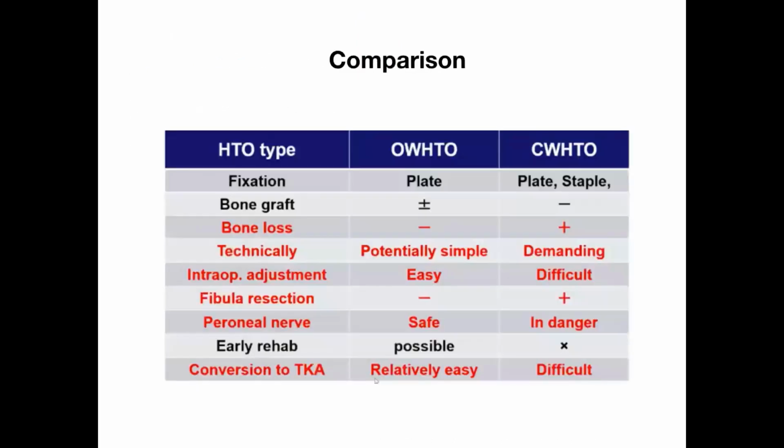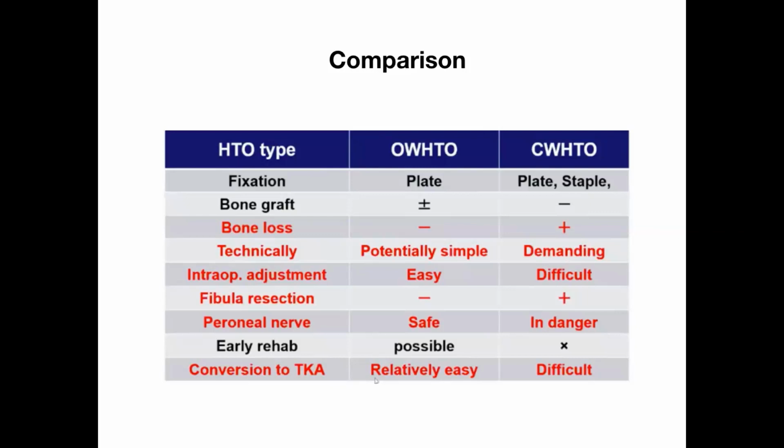Now, comparison of tibial osteotomy, open wedge and closed wedge. In open wedge there is a need for bone grafting, but in closed wedge we don't need bone grafting. But bone loss is not seen in open wedge osteotomy; it is seen in closed wedge osteotomy. Technically, open wedge is potentially easy whereas closed wedge is demanding, and intraoperative adjustment is very easy in open wedge osteotomy.